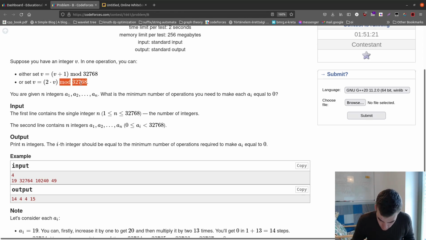Or I multiply it by 2, then bring it to the closest, then multiply it by 2 until I get 2 to the 15th. And that's going to be very logarithmic.